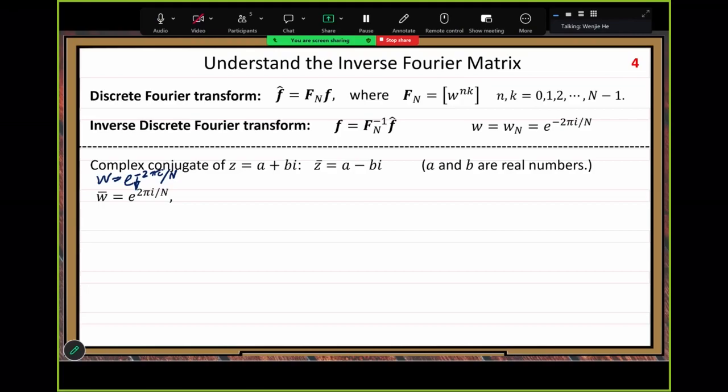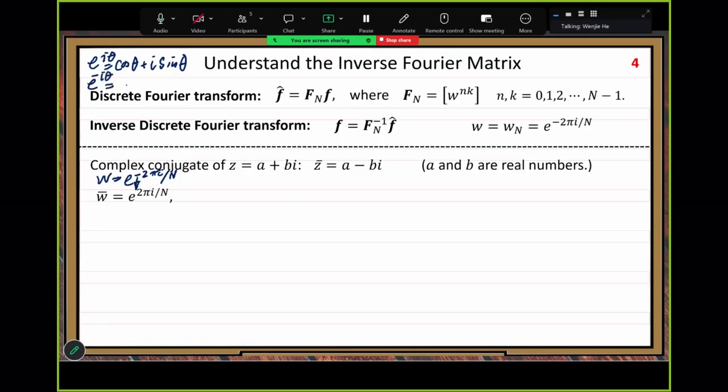Let me review a little bit for some of you. Euler's formula: e to the i theta equals cosine of theta plus i times sine of theta. Now let's calculate e to the negative i theta.